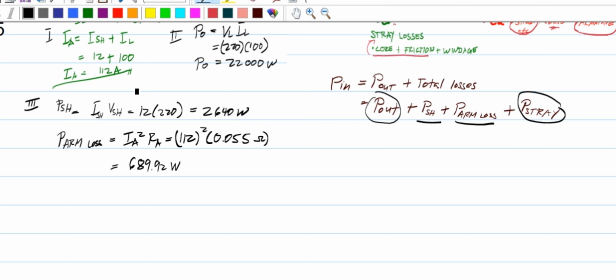Therefore, the total losses, which is the shunt loss, armature loss, and the stray loss: P total is equal to 2640 plus 689.92 plus P stray, which is 1000 from the given.